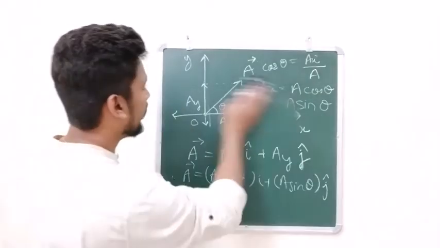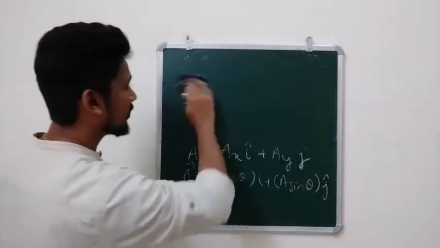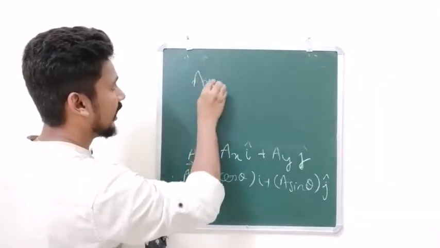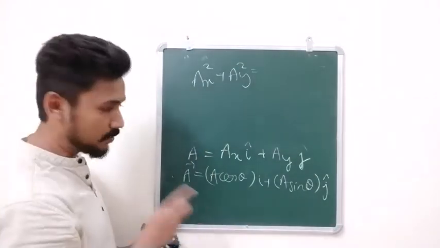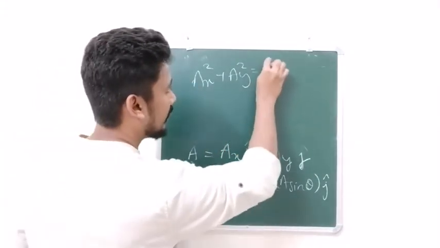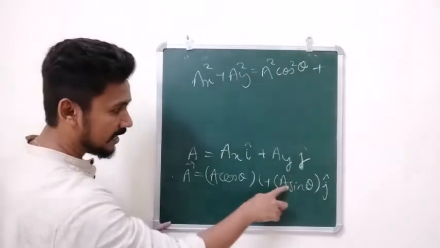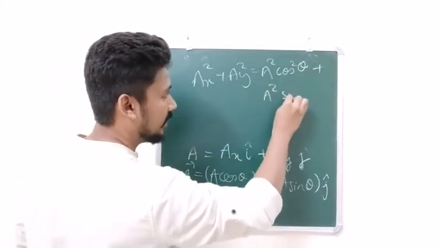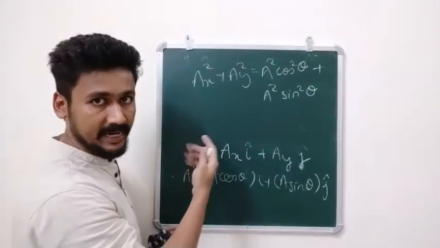So what we do, I'll erase this. If we write AX square plus AY square, how much will be AX square? AX square will be A square cos square theta, plus how much will be AY square? A square sin square theta. A square will come out of the bracket, and what do you get?